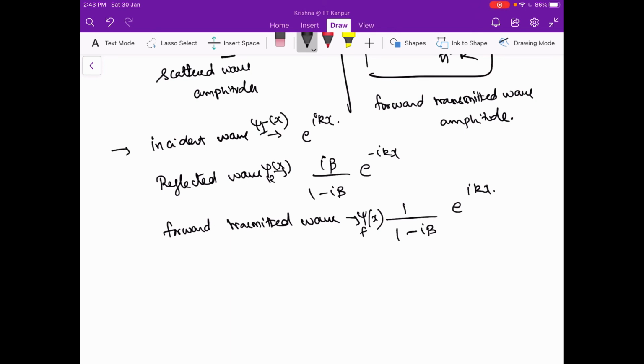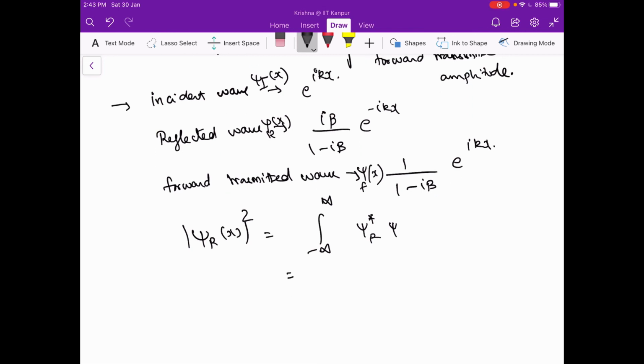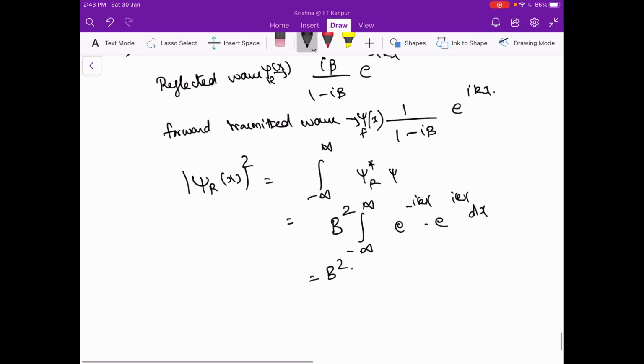But the probability to find the particle to be reflected is obviously |ψ_r(x)|², right? So this will be the integral from minus infinity to infinity of ψ_r* ψ_r, which will be the integral of b² e^{-ikx} e^{ikx} dx, which will be just b², right?